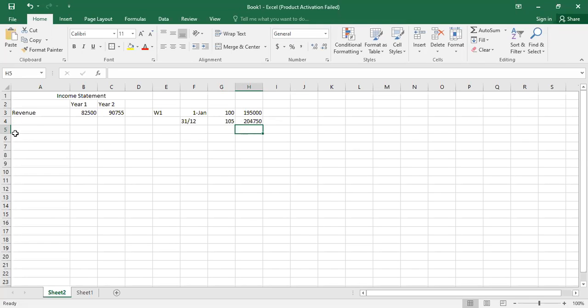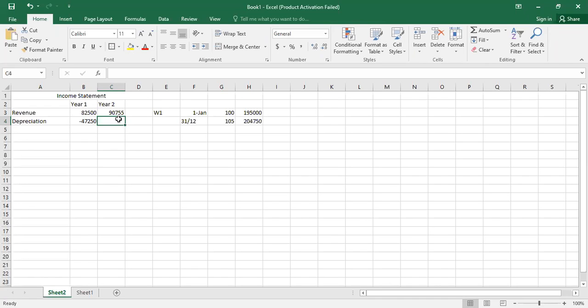We want the figure for depreciation. It is 47,250. So minus 47,250, and I'll put it in brackets.